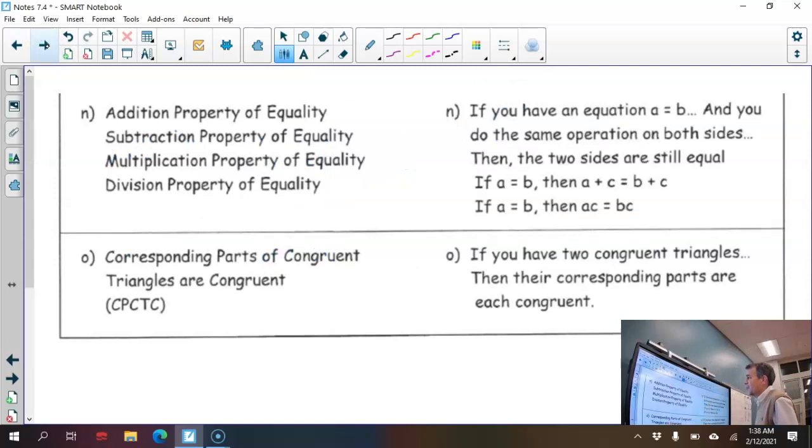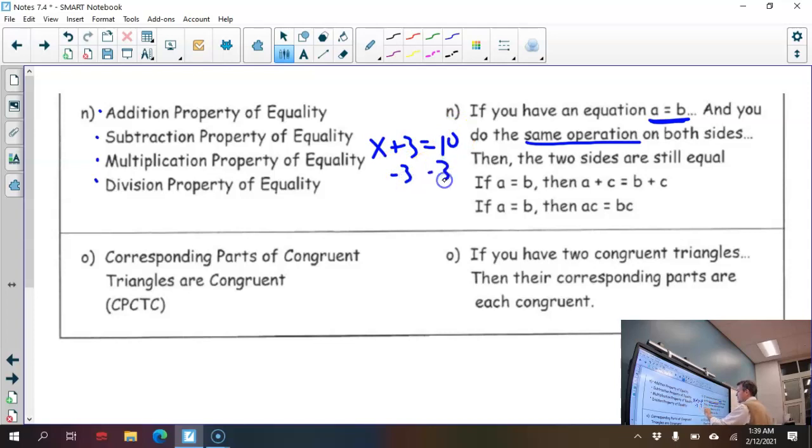All right, then come these ones you use in algebra all the time. These are 4 different properties, but they all basically are the same. They say if you have an equation that is equal, two amounts that are equal, like A equals B, and you do the same operation on both sides, then they're still equal. For instance, if I had something like x plus 3 equals 10, right?